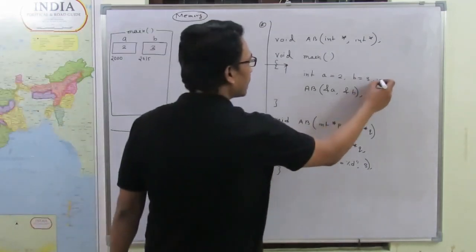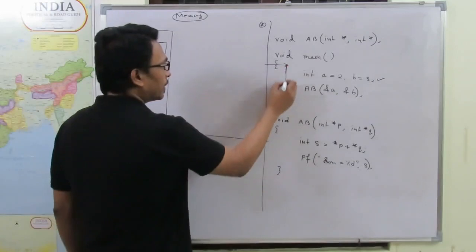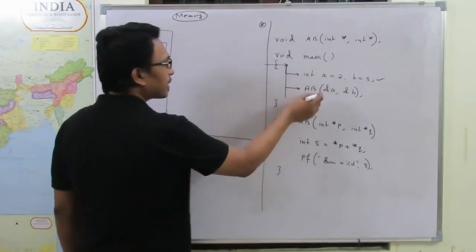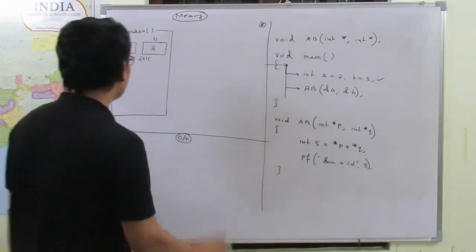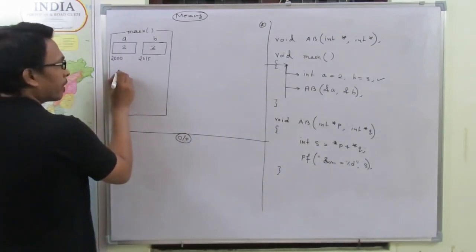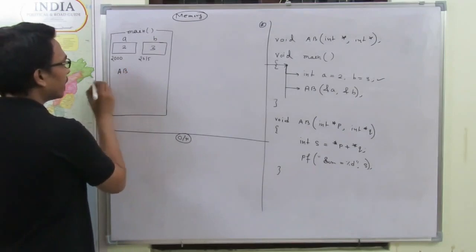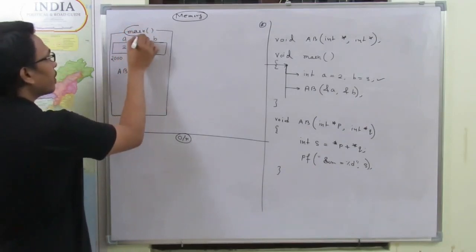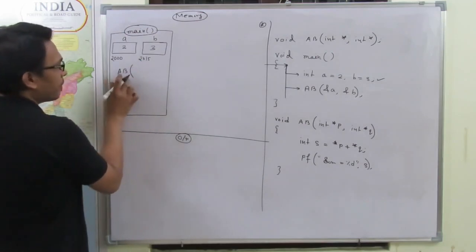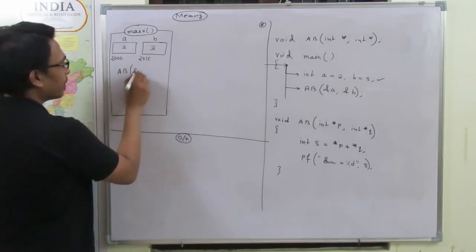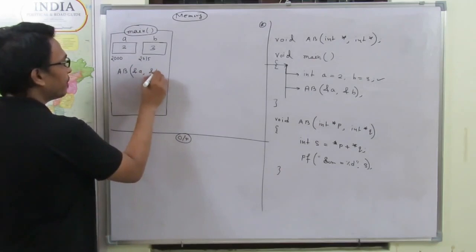That means execution of this instruction is completed. Now the next instruction is ab, address of a and address of b. That means from this particular memory block, the main function, we call the function ab with arguments address of a and address of b.